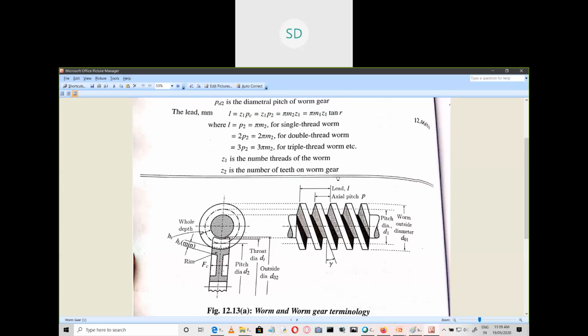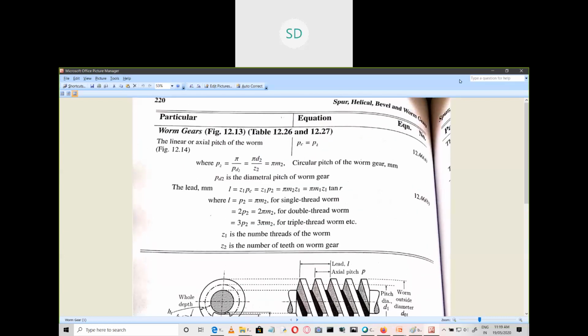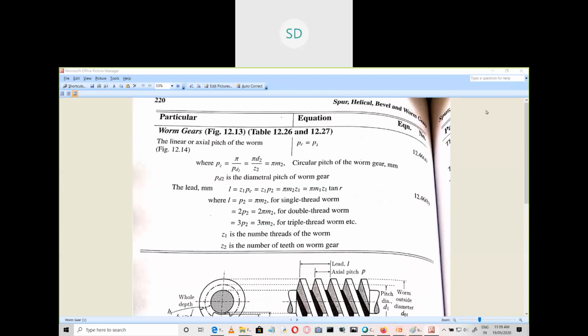Okay, so let us look at the first equations. The linear or axial pitch of the worm Pc equals Pz.